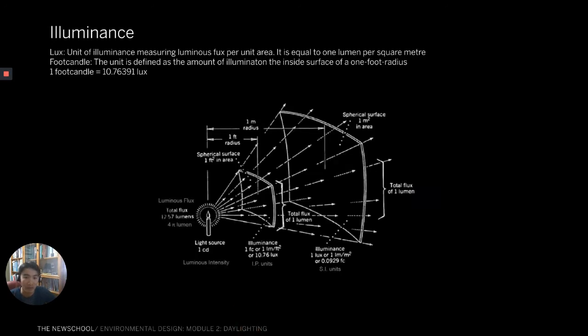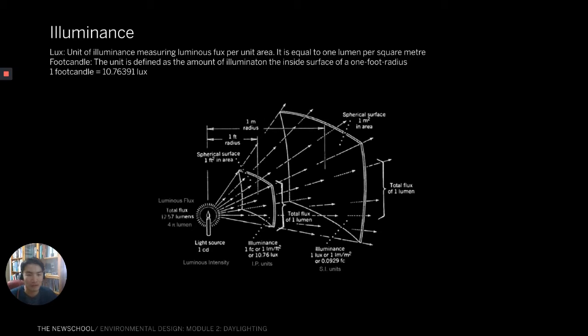For example, when a light of one lumen falls uniformly on a 1 square foot surface, the illumination of that surface is 1 foot-candle, or 1 lumen per square foot. 1 lux is defined as being equivalent to 1 lumen spread over an area of 1 square meter.